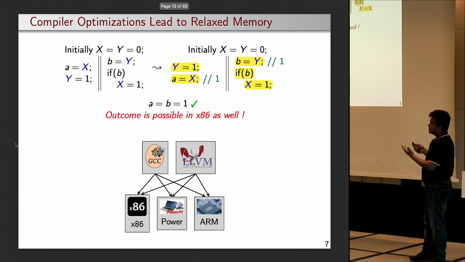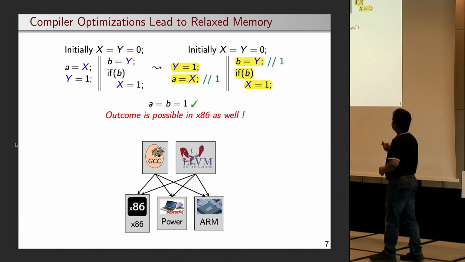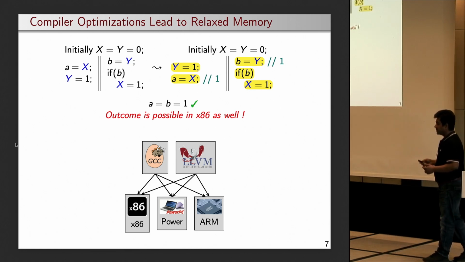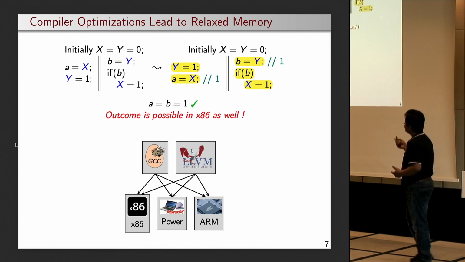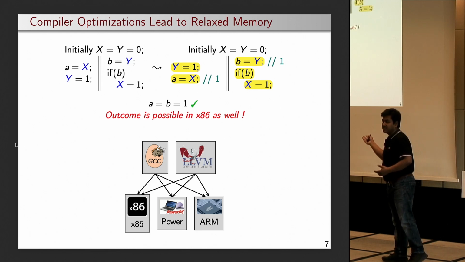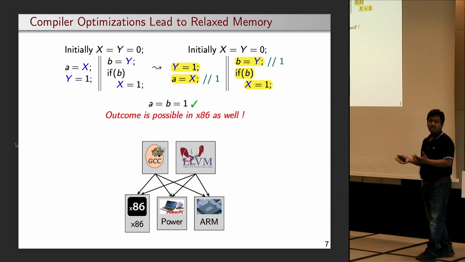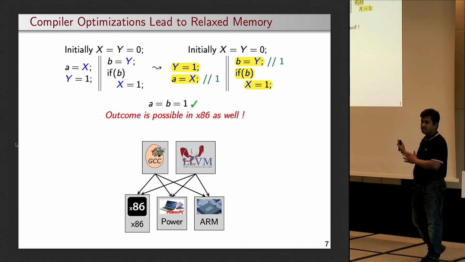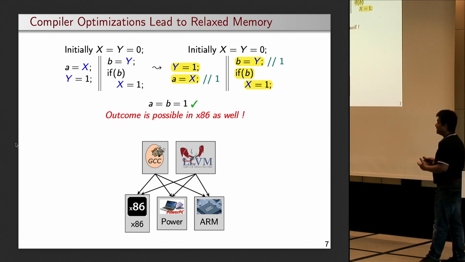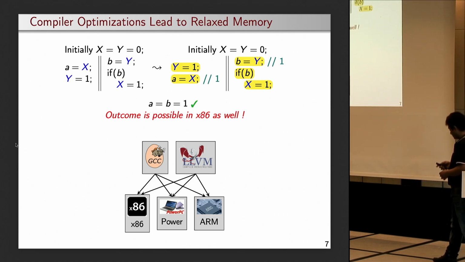It comes back to thread 1, and it gets both A and B equal to 1 as a weak memory behavior. So because of this compiler transformation, this behavior is also possible in x86 machines. So effectively, on all the processors or machines that we are using, this behavior is possible.